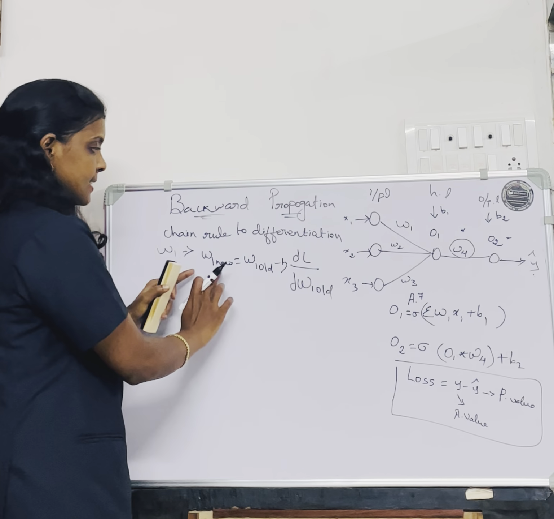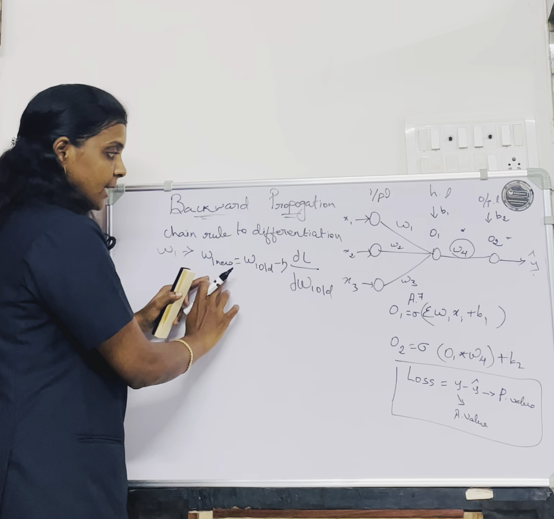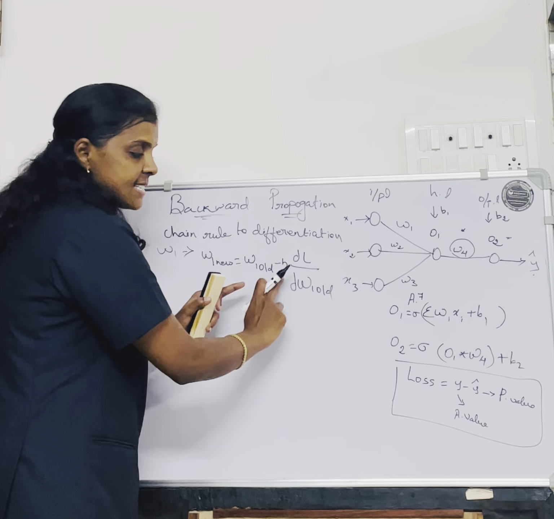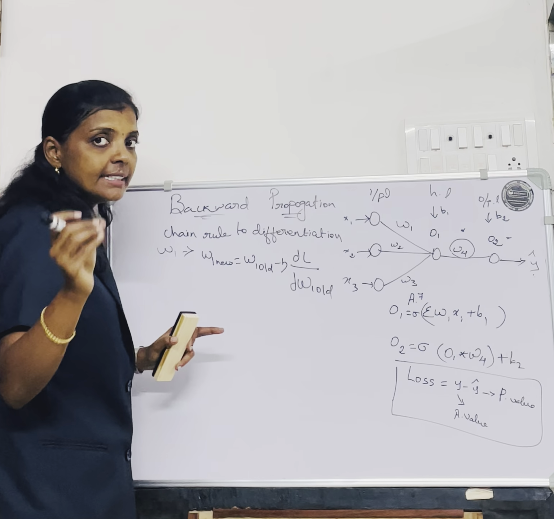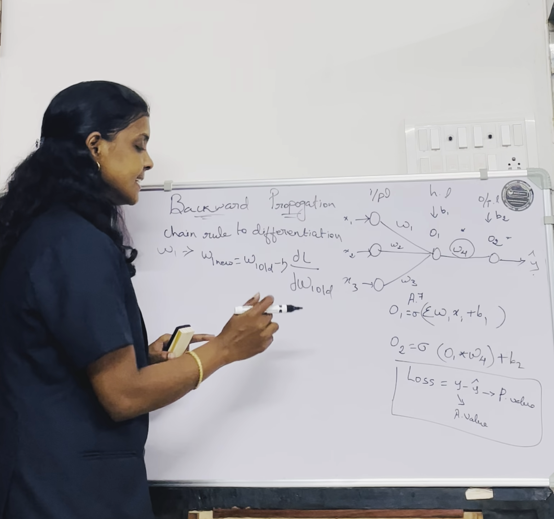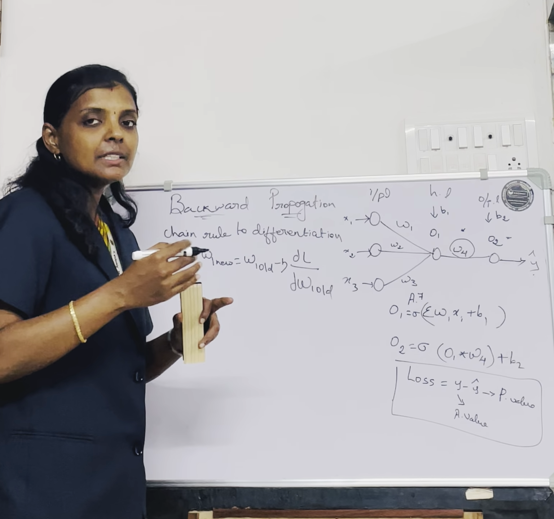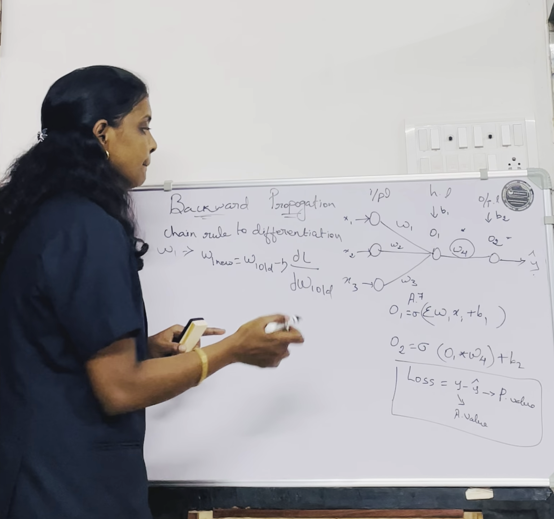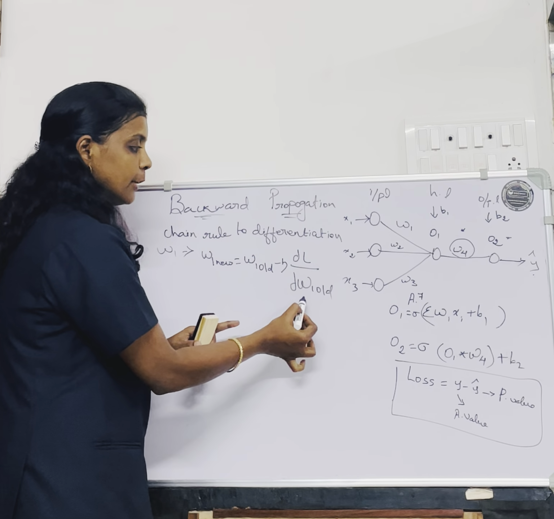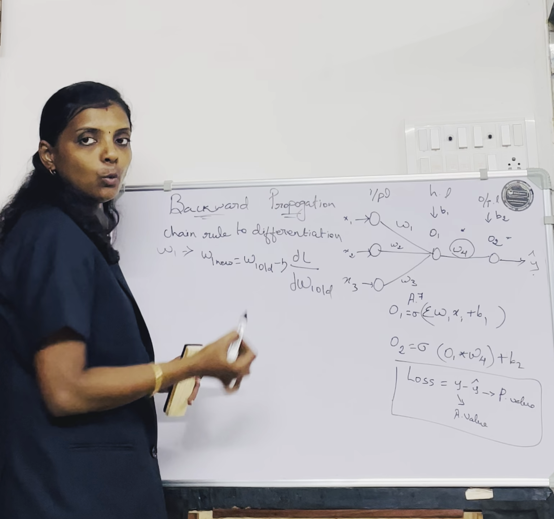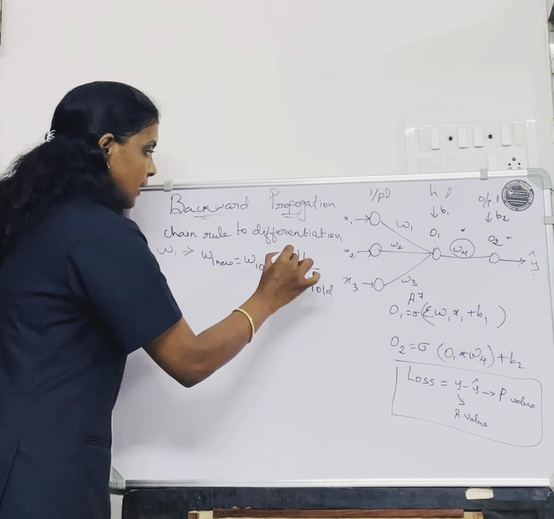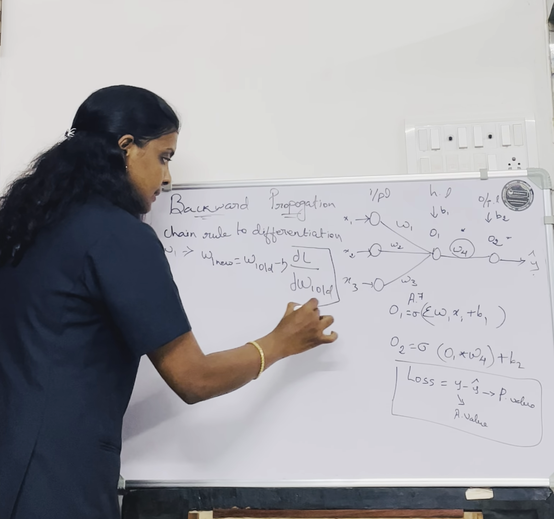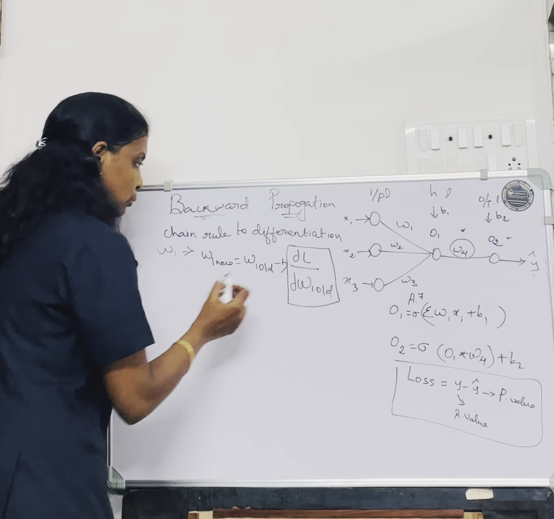So this new value we are going to calculate. Already I explained the learning rate: consider it a very small value, so that only then it will slowly reach the global minima. Then the derivative of loss by derivative of W1 old, this we are going to calculate.